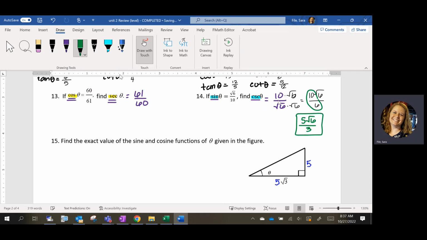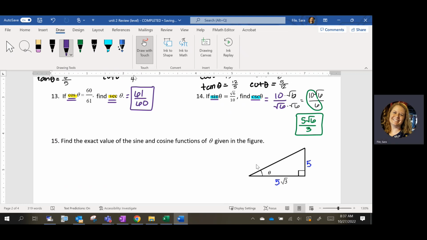So it was a reciprocal relationship, which you just flip, but then I had to rationalize and then I was able to simplify. So make sure you're looking to see, can I simplify? Do I need to rationalize? Because that adds an extra step sometimes to your problem.